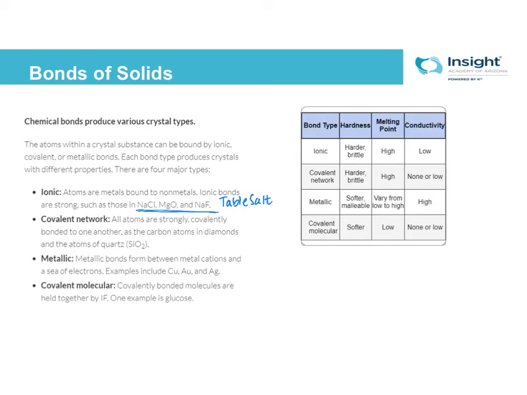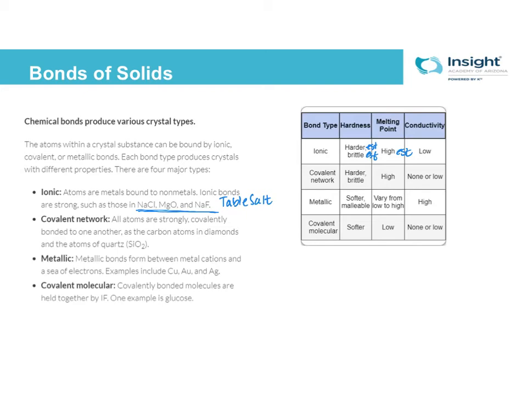And then on their own, they actually have poor conductivity. Covalent network solids are strongly covalently bonded atoms to each other, and these can be things like what's in diamond and quartz.